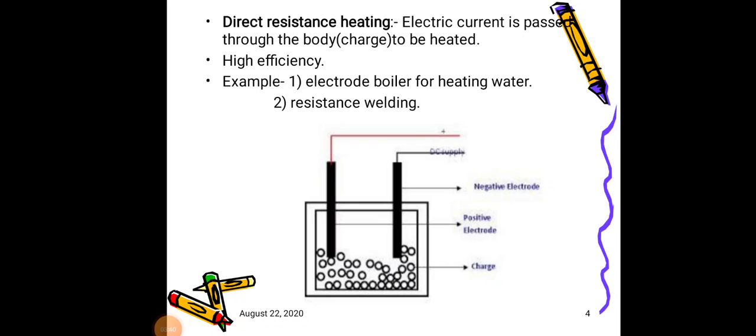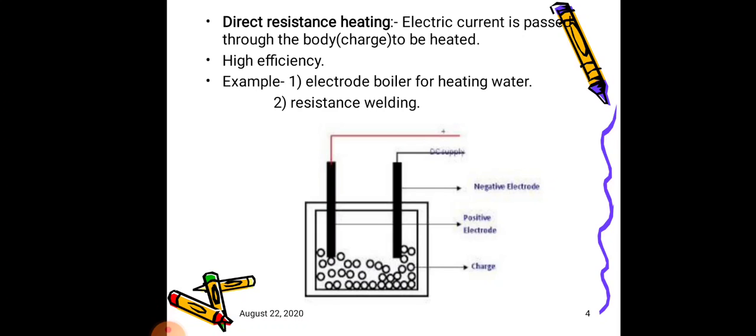नाउ जैसा कि डायग्राम में दिख रहा है, दिस इज़ द सिंगल फेज डायरेक्ट resistance heating. In this method, the material or charge to be heated is treated as resistance and current passes through it.